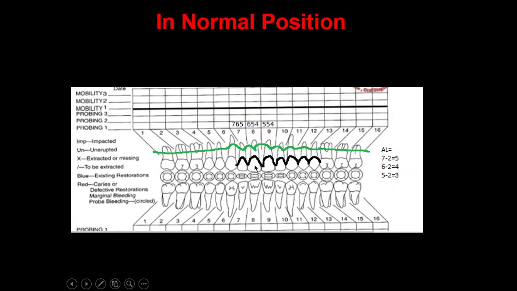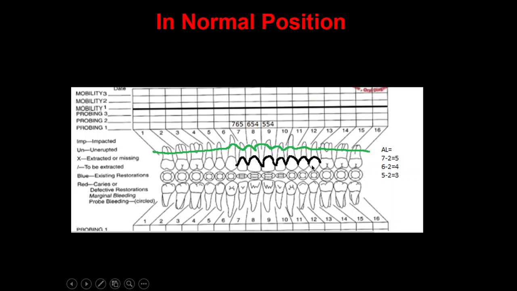So we found here the pocket depth measuring at the mesial line angle 6, at the middle 5 and at the distal line angle 4, and the other tooth is 5, 5, 4, and this lateral is 7, 6, 5.